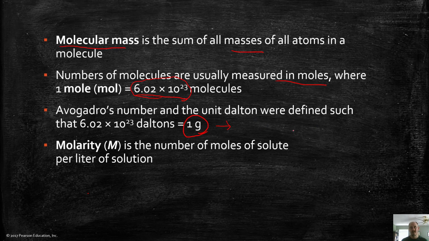In lab we might say make a 5 molar concentration of sodium chloride or something. You can use your knowledge of the molecular mass of sodium and chloride to figure out how much to weigh out and how much water to mix to make a 5 molar solution. We're not going to do that today though.